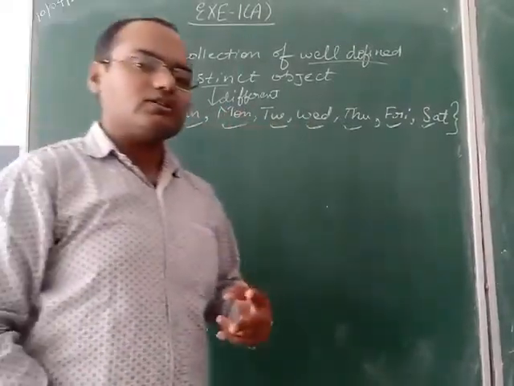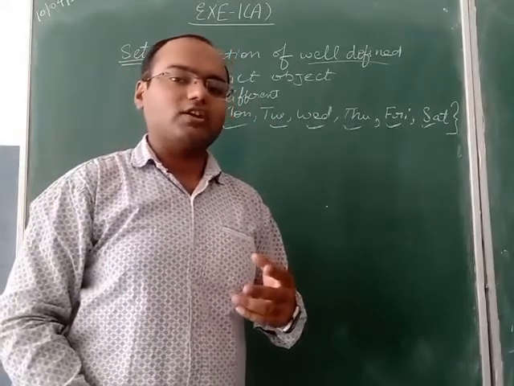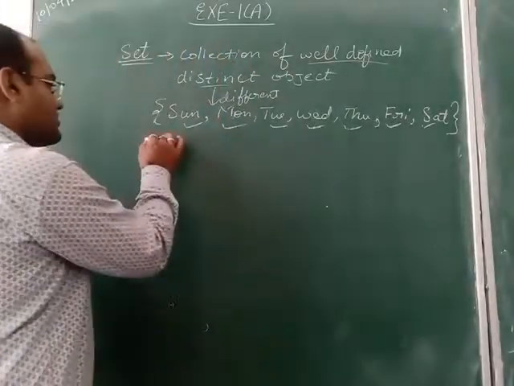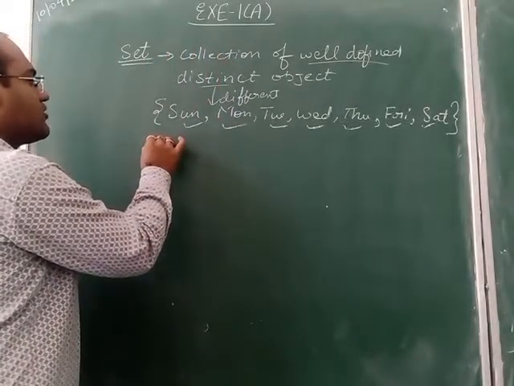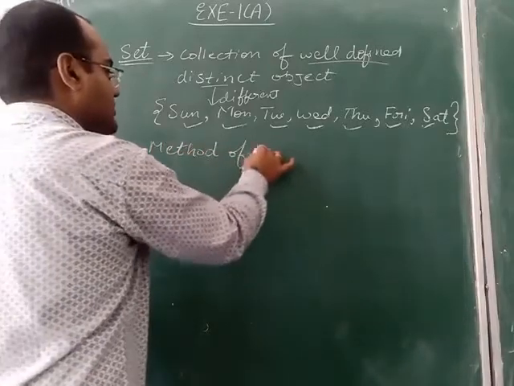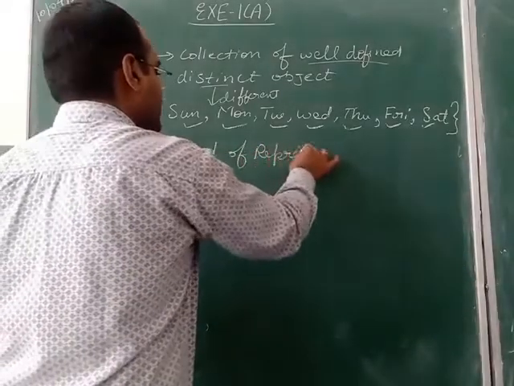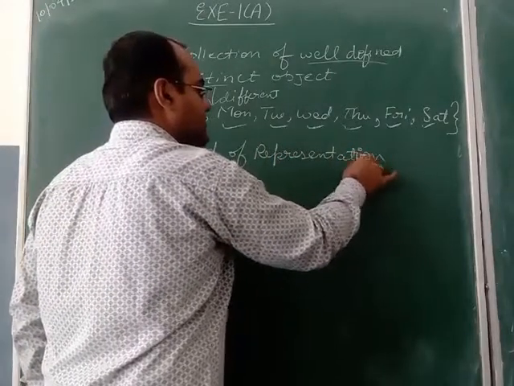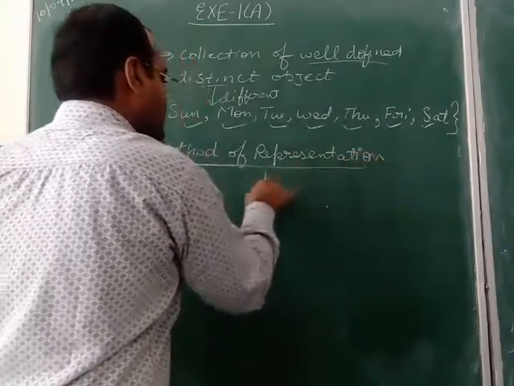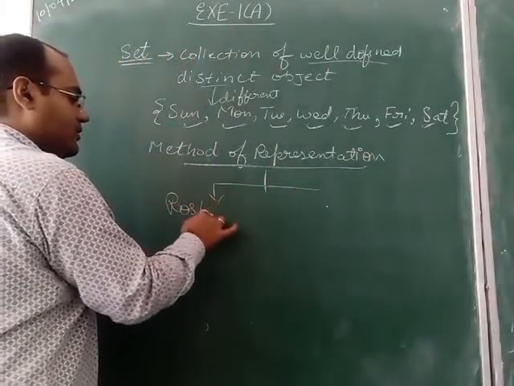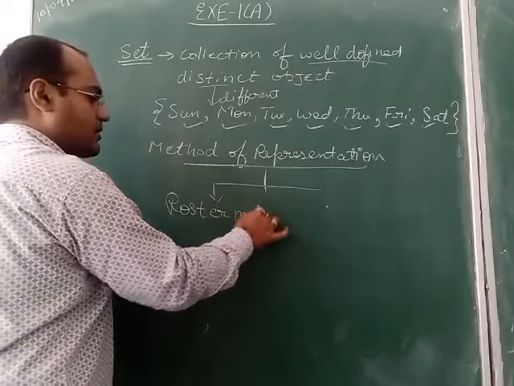Now there are two ways to represent a set: notation or methods to represent a set. First method is the roster method.